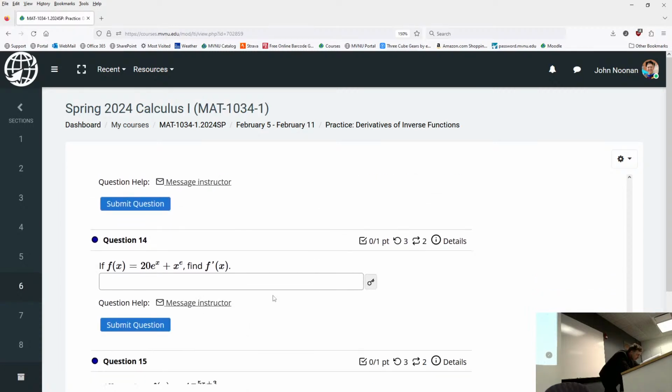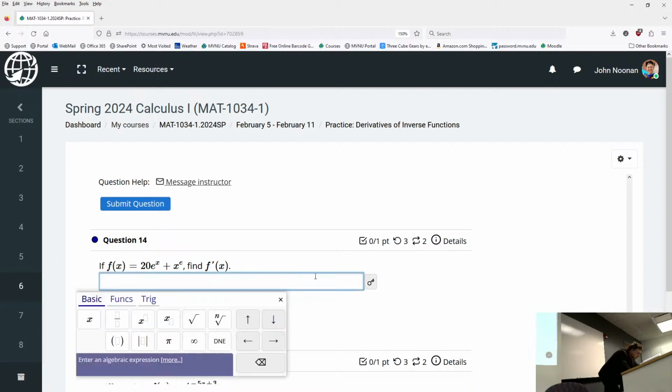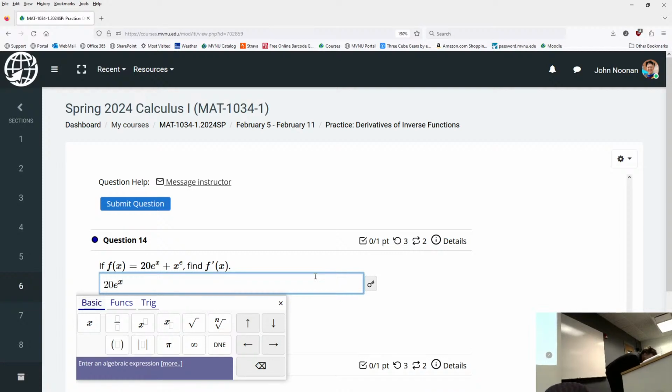Which one? Oh, that's this one. I thought that was cute. I guess it was too cute. 20 times e to the x plus x to the e. Oh, I see. Yeah, parentheses.